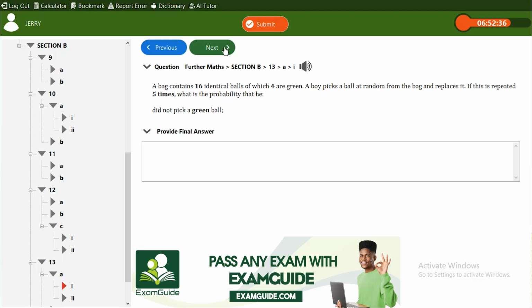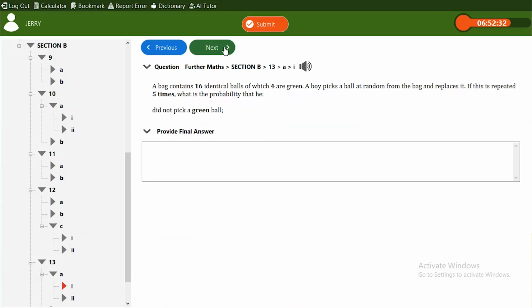If this is repeated 5 times, what is the probability that he did not pick a green ball? Okay, let me clean here first. That's question number 13.